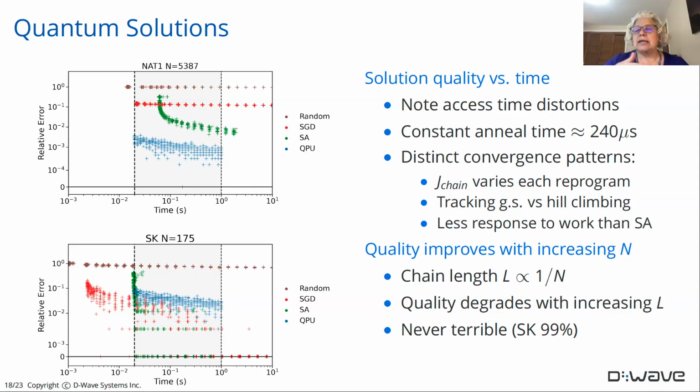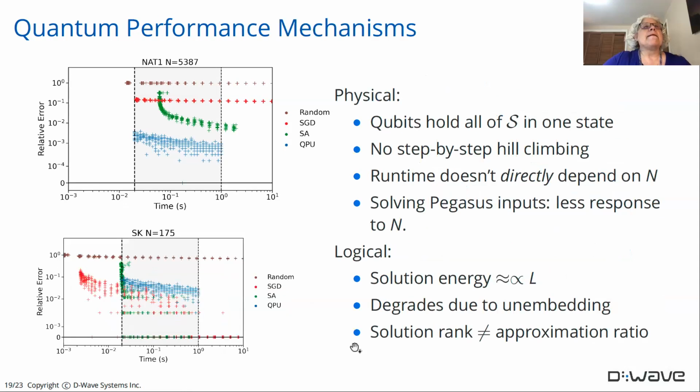That's inverse to n in this particular task. But let me say, it's never terrible, in the sense that even in the worst case compared to classical, it seems to be getting pretty close to ground states. So yeah, here's more explanation.